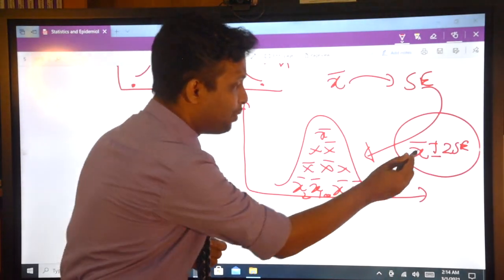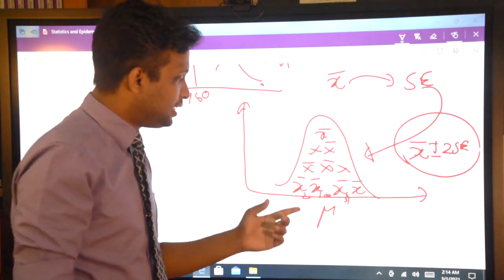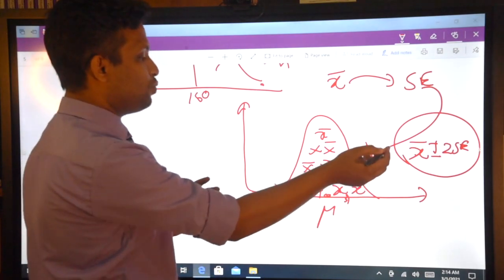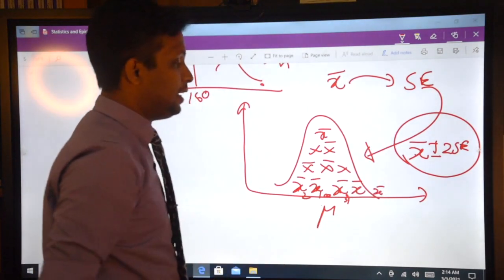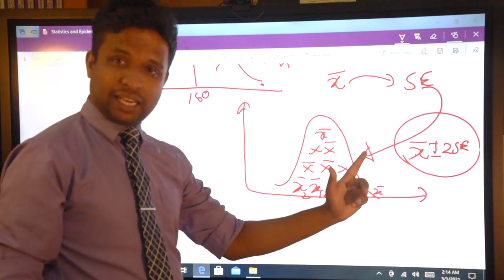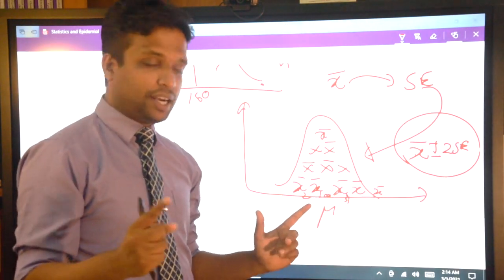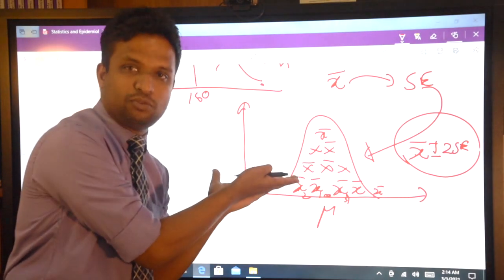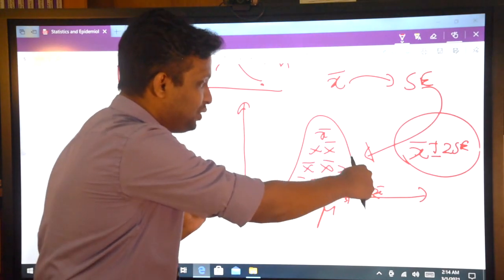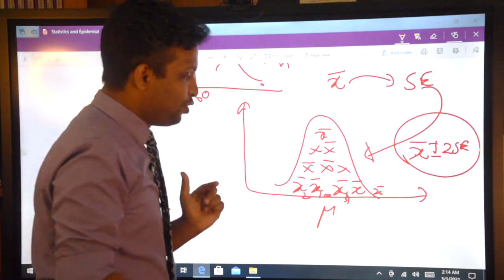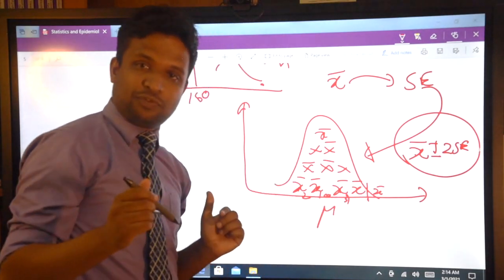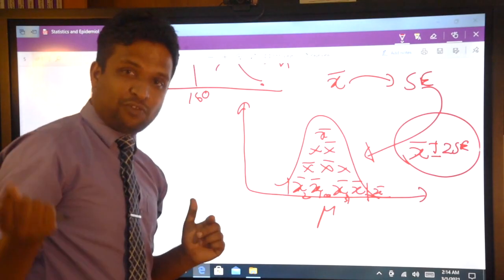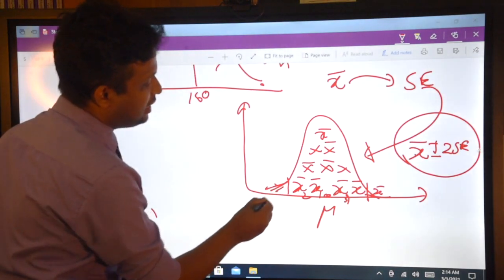This x bar is one of the x bars in the sampling distribution. It can be this one, this one, or something in this area. So this x bar can be one of the 100% of x bars within the sampling distribution. As we have drawn the sampling distribution curve, we know that 2.5% of the sample means will be more than the 2SD area and 2.5% of the sample means will be less than the 2SD area.